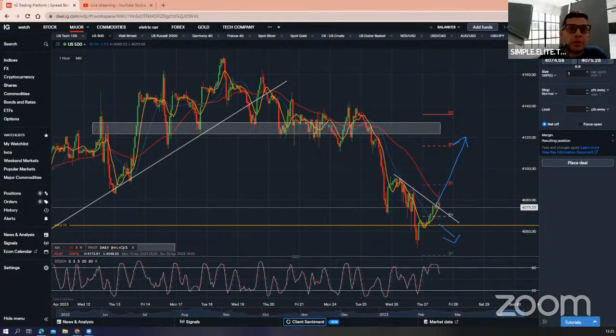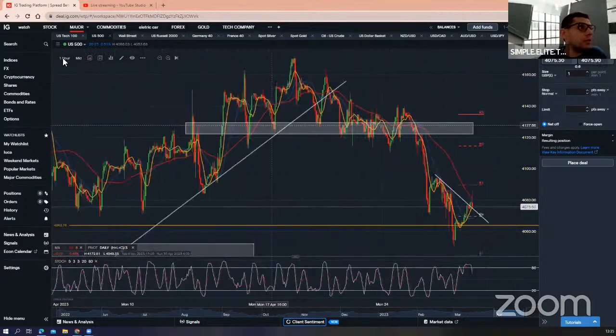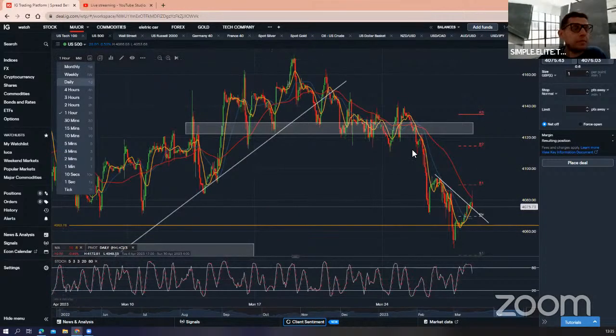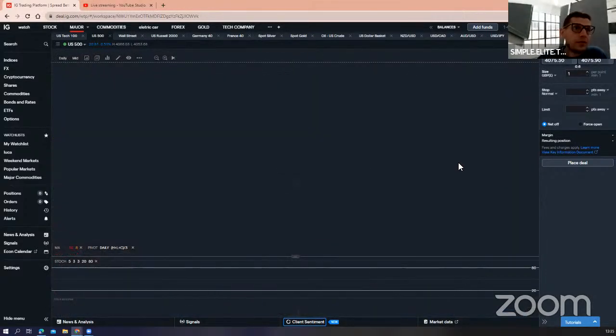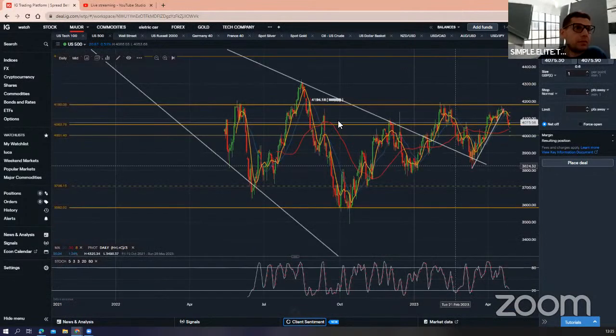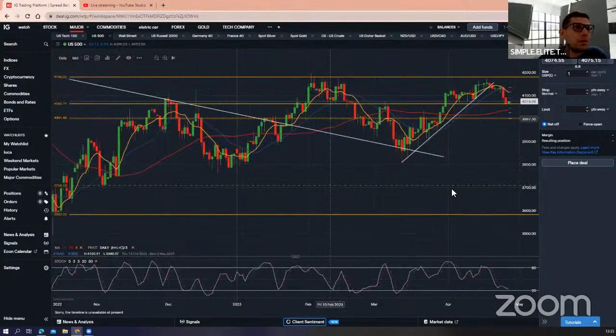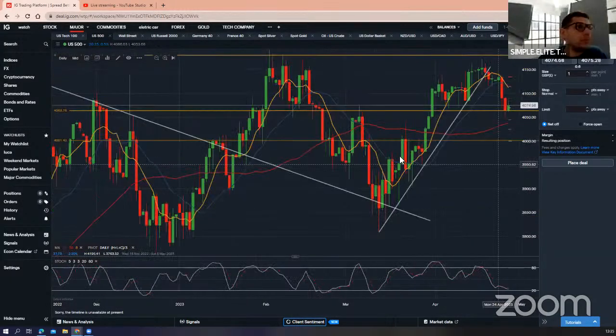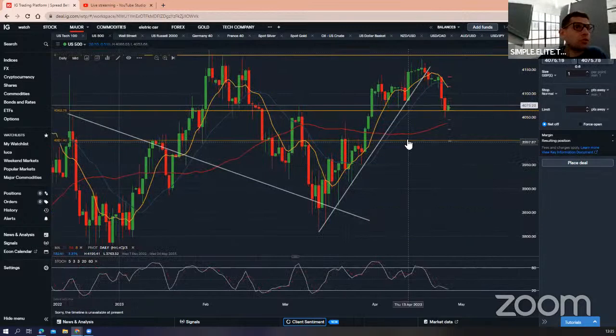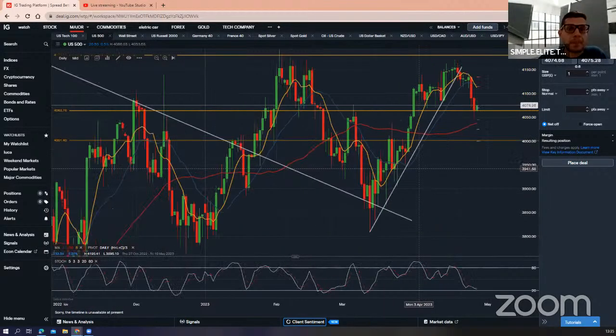We could see some bearish momentum on indices, because if we look at the bigger time frame, the daily time frame, if price could break lower, we could probably see it approaching the 4000 support level.